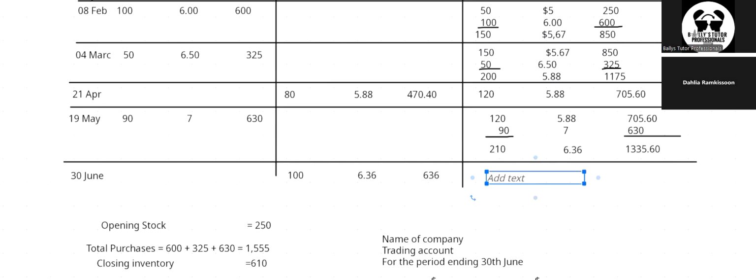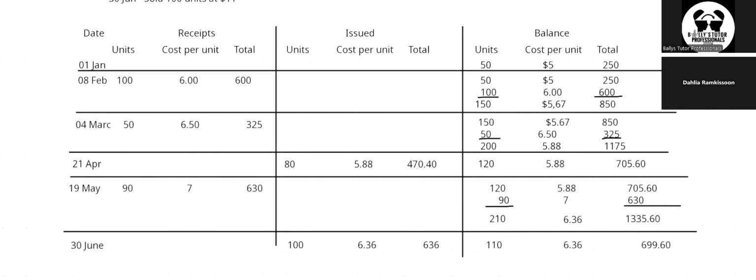So that's how you do average cost. Every time you purchase a new set of goods, you calculate a new average cost. It doesn't matter if you purchase 5 goods in a row. Every time you purchase a new set of goods, you calculate a new average cost. And then when you sell goods, you just sell it from the total. So here in March, I had 200 goods in total.